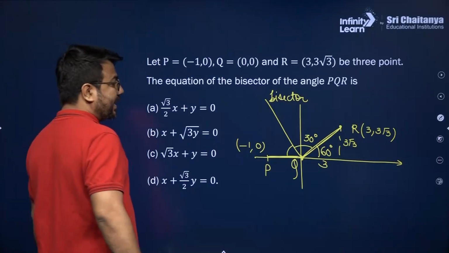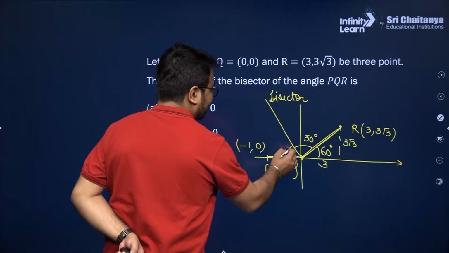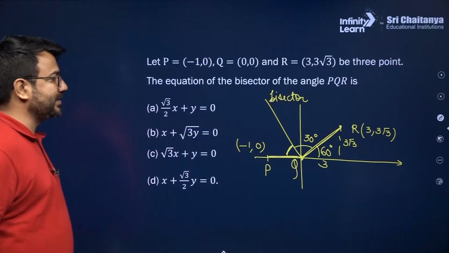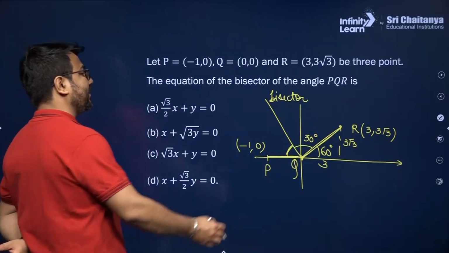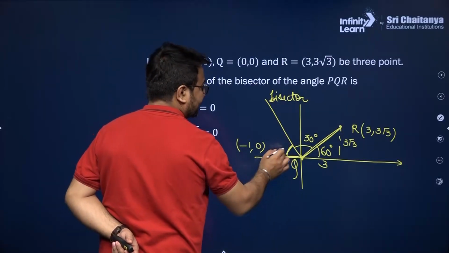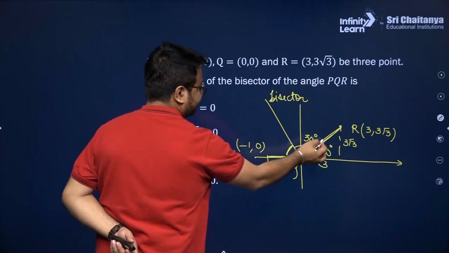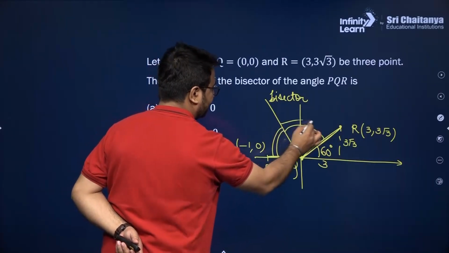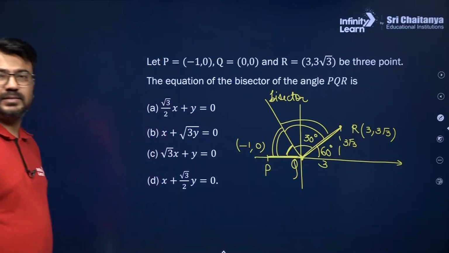Okay, and if I want to get this angle, how will I be able to find it? I know that this is a bisector, so whatever angle we have here, the same angle we have for this. This is equal to this. Are you able to understand this?